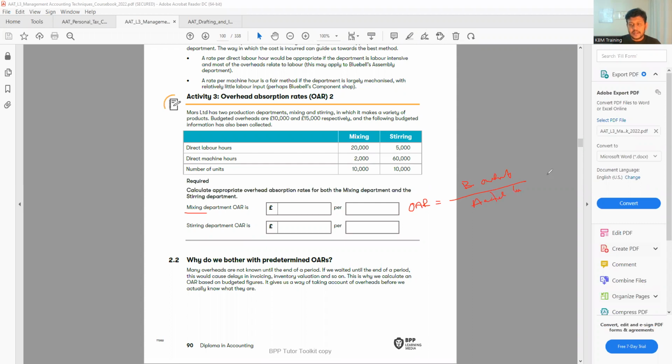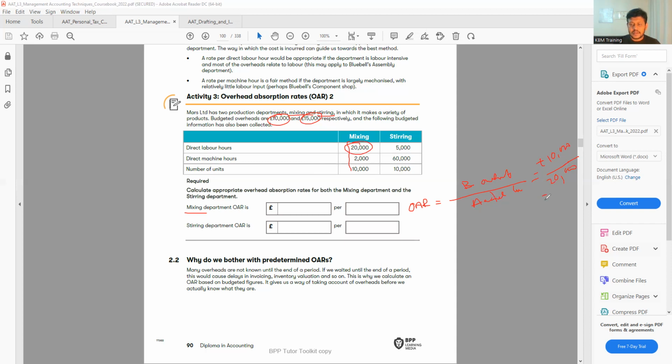Now the budgeted overhead for the mixing department is 10,000 and for the string department is 15,000. So it is 10,000 for the mixing department. And we have to divide by which one? Because mixing department depends on the labor hour, because you have more labor hours. So we need to divide by 20,000.